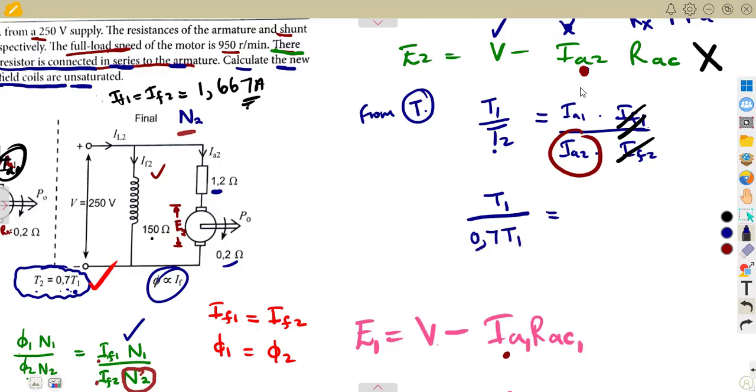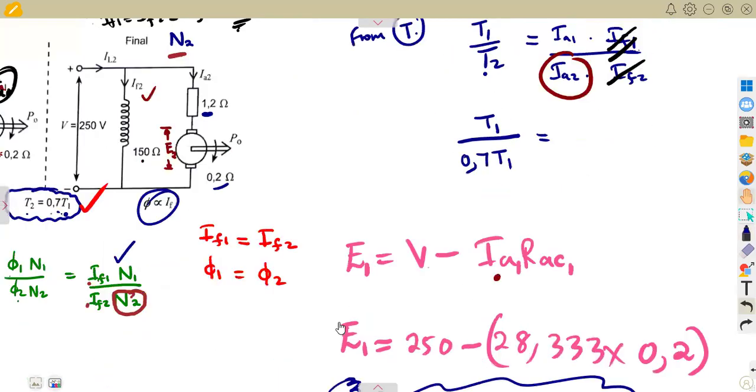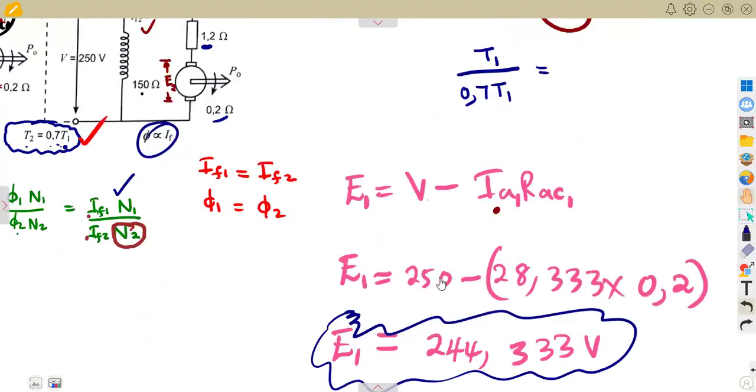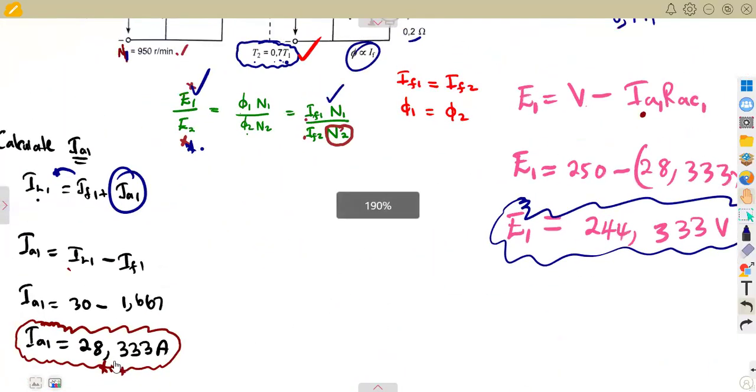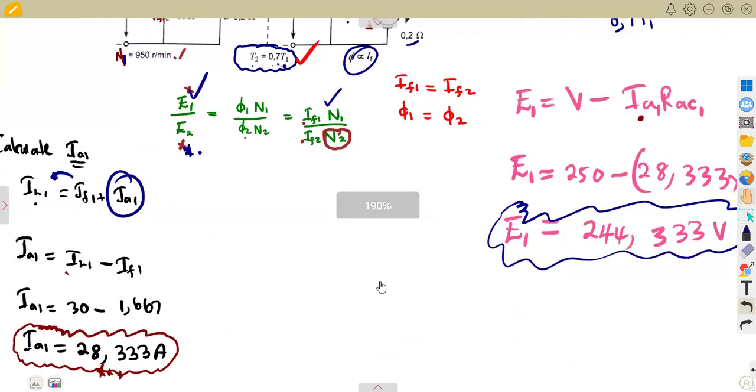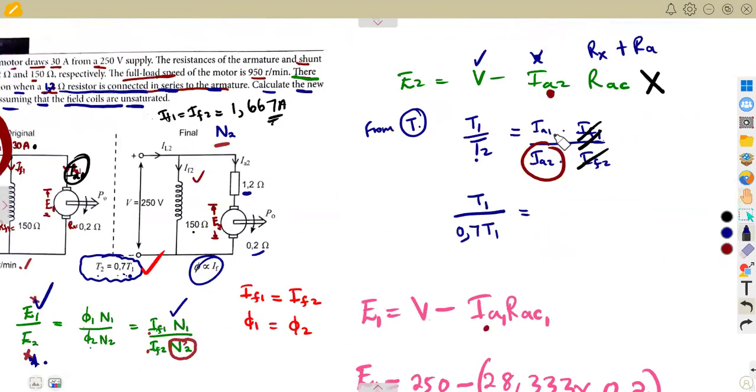All right, the armature current 1, we calculated this before, remember, from the original circuit. It was 28.333 and so on. So we have the armature current 1, which is 28.333, over the armature current 2, which is the one we need here.